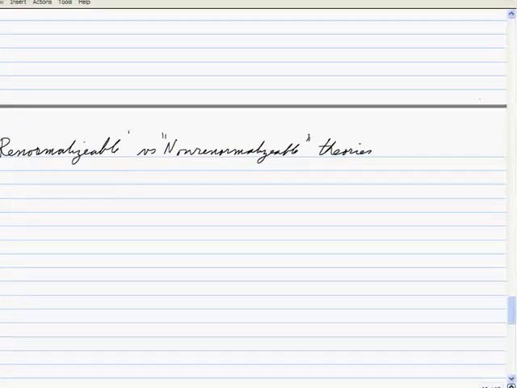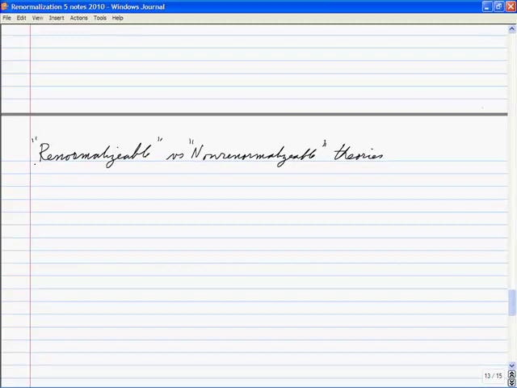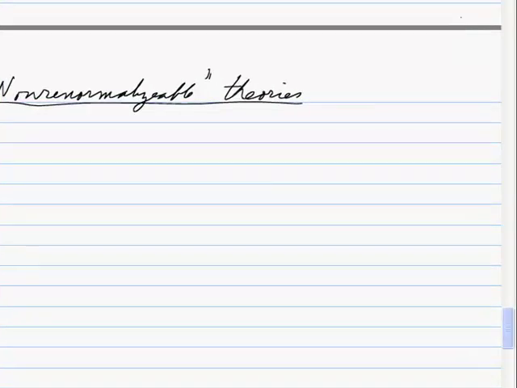I'm going to put these in quotes because the terminology is actually lousy, and it's lousy for the wrong reason. It's not just a cute historical feature. For a long time people didn't understand renormalization very well, and the fact that these names propagated for so long shows that people didn't really understand what they were doing.